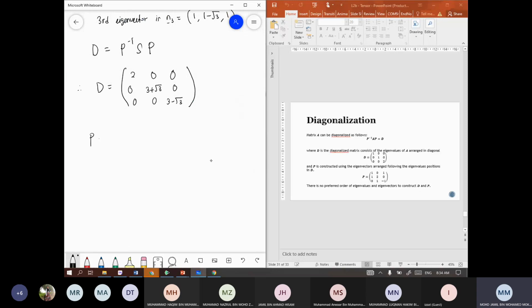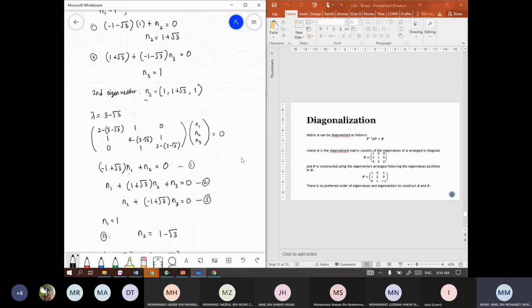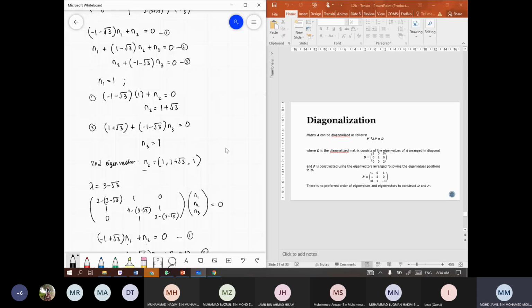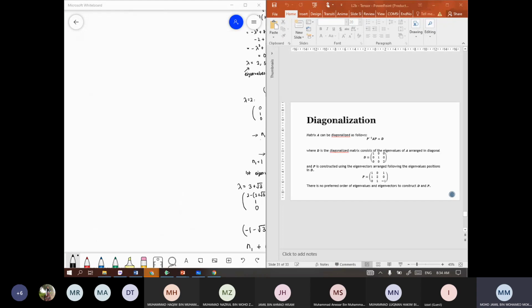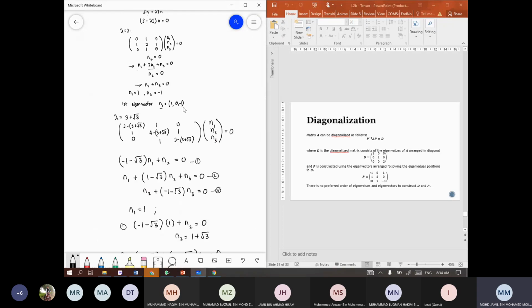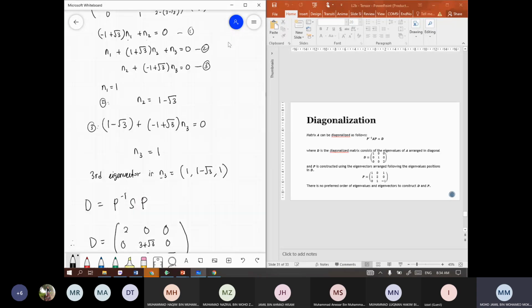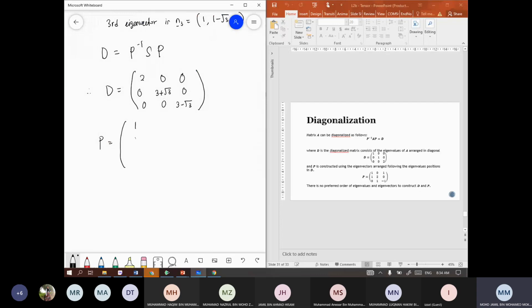And then matrix P, you just arrange the eigenvectors. So eigenvector number 1 is this, 1, 0, minus 1. So if this is eigenvalue 2, then this column must be the eigenvector corresponding to this eigenvalue.